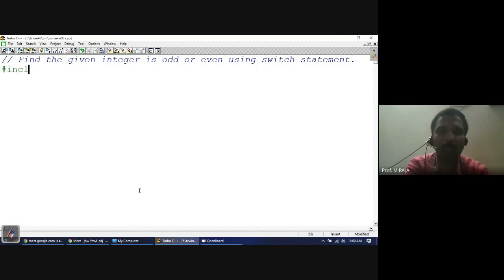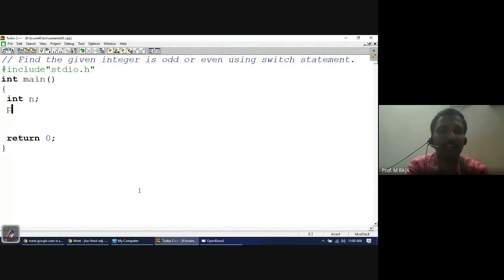Let us solve the problem by including a header file, #include <stdio.h>. Then define a main function, int main, and within the opening and closing curly braces we write the processing statements. Let us declare one variable, int n.